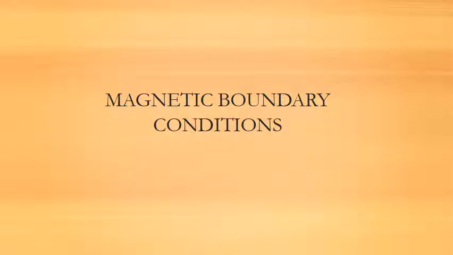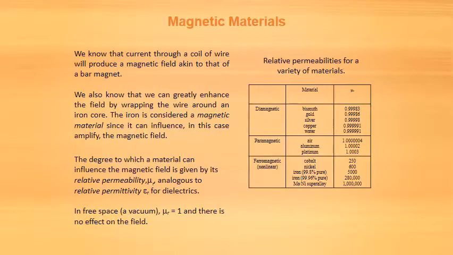Next, let us discuss magnetic boundary conditions. Boundary conditions can be taken between two media. Before going to the magnetic boundary conditions, let us discuss magnetic materials. There are three types of magnetic materials: diamagnetic, paramagnetic and ferromagnetic.